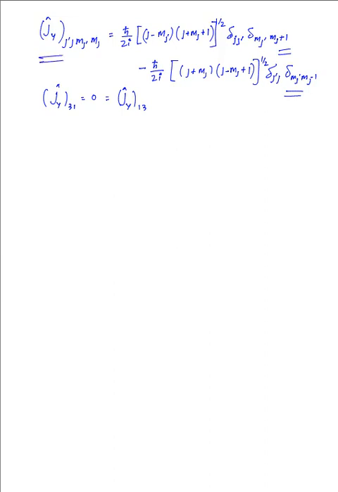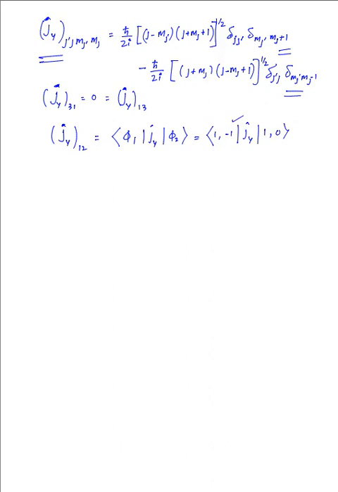So let's try this relation and check for Jy 1 2. Jy 1 2 is simply equal to phi 1 Jy phi 2, and phi 1, as we know, is 1 minus 1, and phi 2 is 1 0.